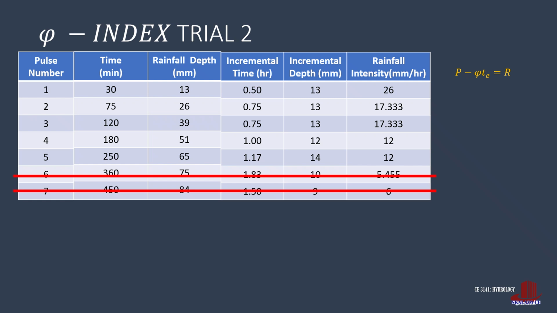So let's work on the second trial. This time, we disregard the two pulses having intensities lower than the computed phi. This leaves us with only 5 pulses left. Then we identify the new values of the parameters of the equation. P is the summation of the incremental depth, which is now 65 millimeters.